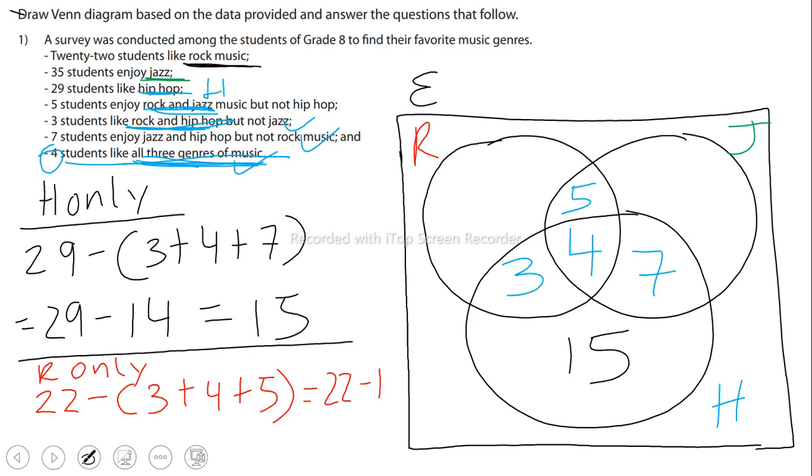Yes, 22 minus 12, which is what? 10. Very good. So for R only, it's going to be 10.